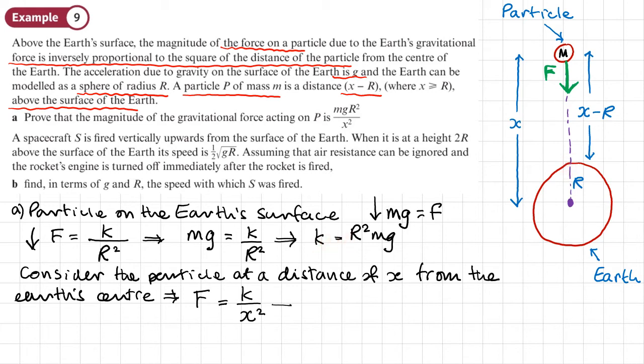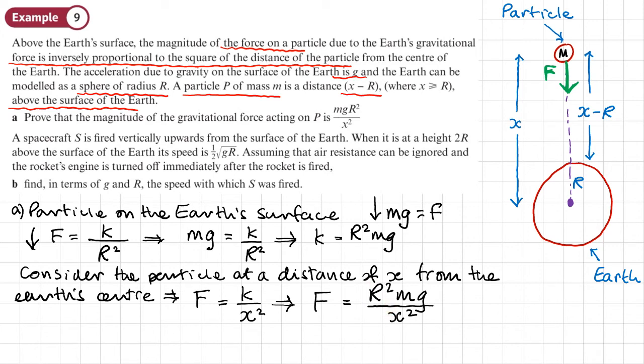And then from here, we can say that gravitational force F is equal to k, well that's r squared mg, over x squared. So if we know the radius of the Earth, its distance from the Earth's centre, the mass of the particle and the acceleration due to gravity, we can work out the gravitational force on the particle.